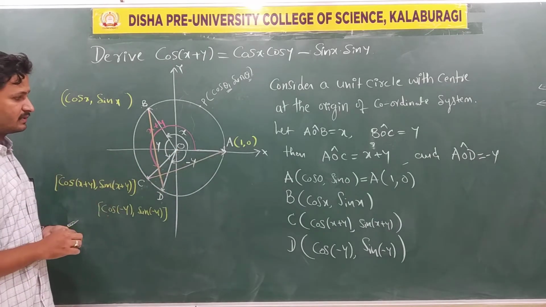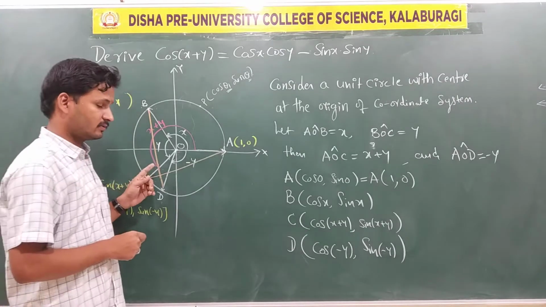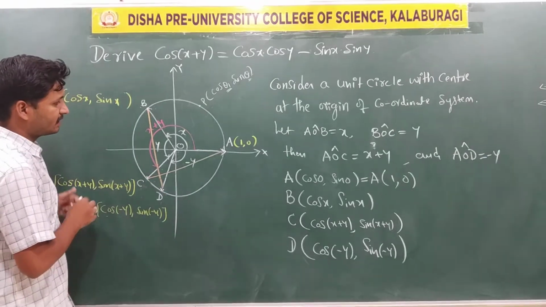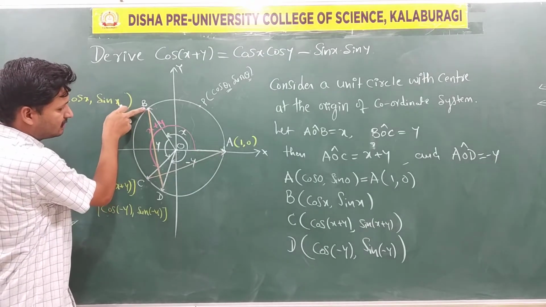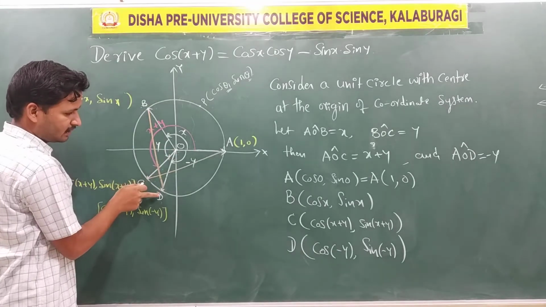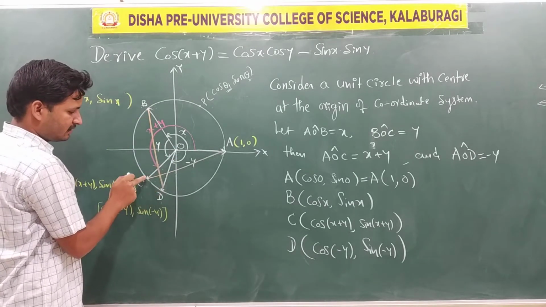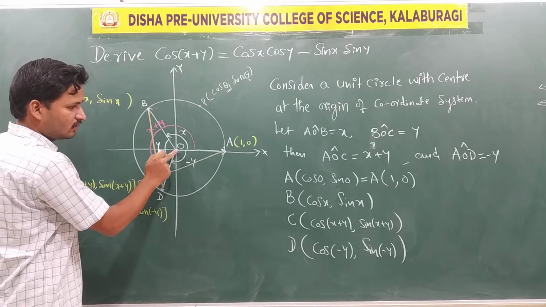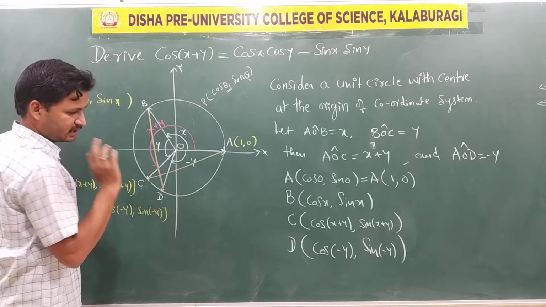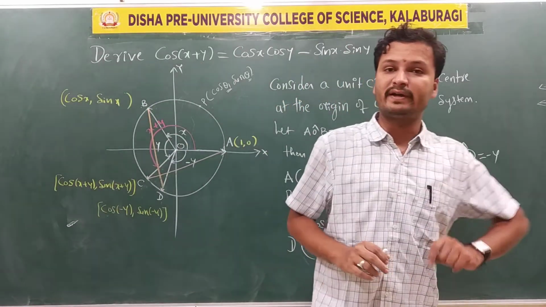From this there is a triangle. After joining BD, we get triangle BOD, and then triangle COA, or AOC. These two triangles are congruent.